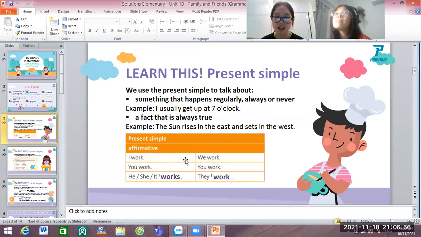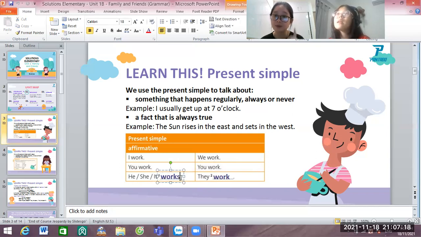But when we use he, she, or it, the verb will change. They will be added the s sound or es sound. Do you remember s or es? Yes, very good.